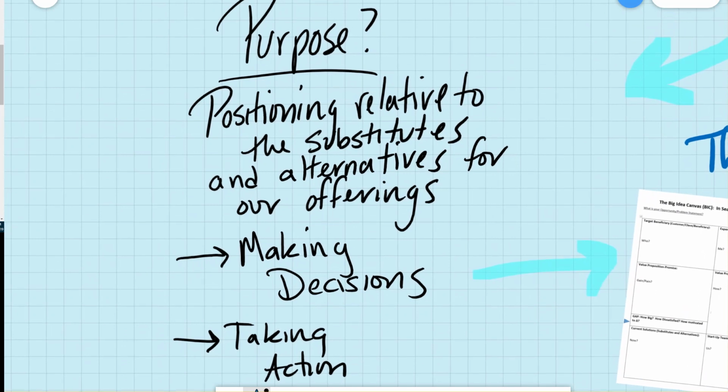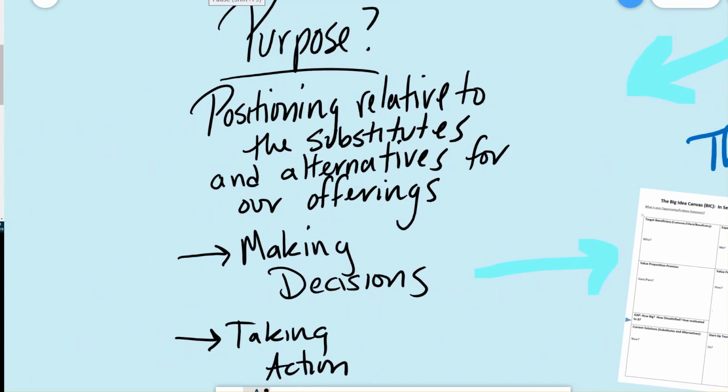What's the purpose? The purpose is position relative to the substitutes and alternatives for our offerings. And again, this can be both in terms of your customers, but also as for potential employers, potential people you would ally with, suppliers, various folks who people are competing to work with or to sell to or to serve or to gain money from in the case of a nonprofit.